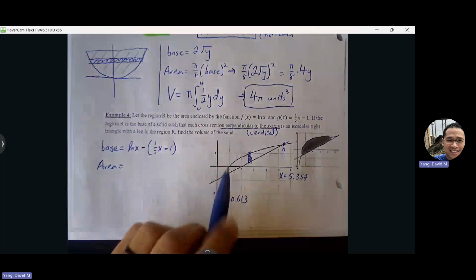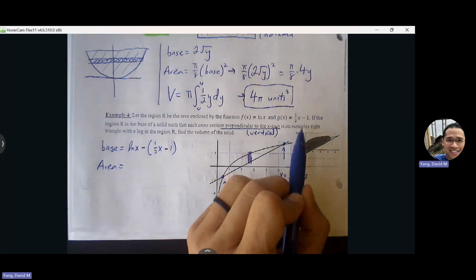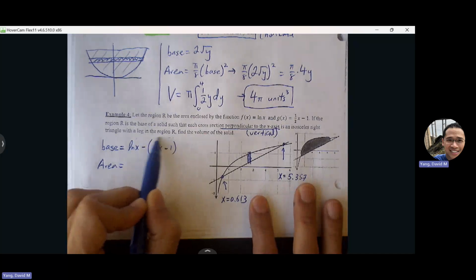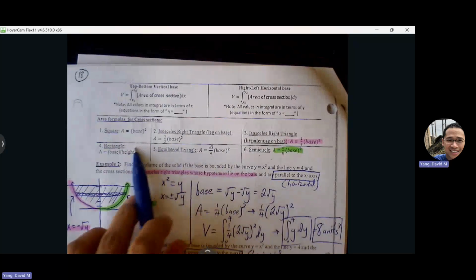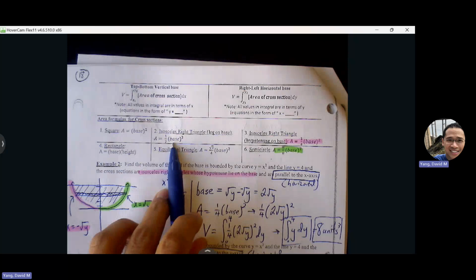Moving on to our two-dimensional information. We want an isosceles right triangle with a leg on the base. That's going to be 1/2 base squared.